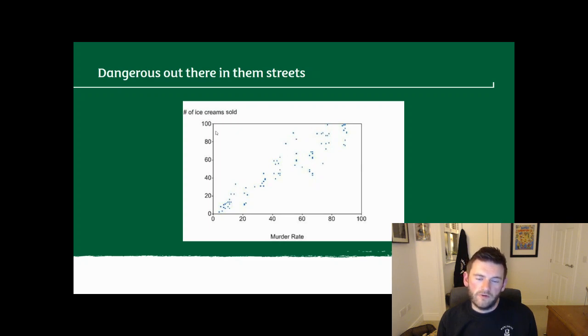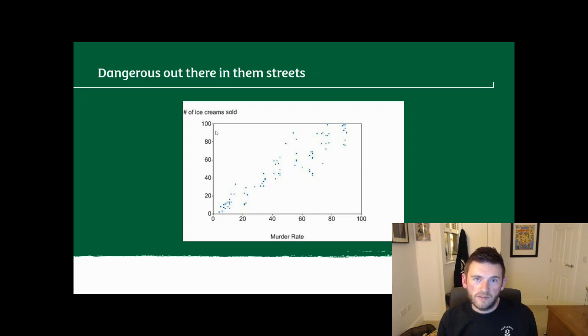If you were to take this over a hot summer in any city in the world, you'd probably see a similar relationship: areas that have more ice cream sold also have higher murder rates.